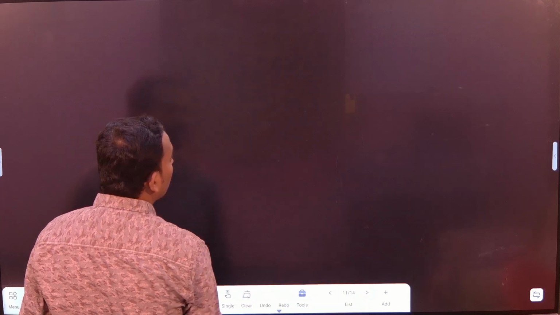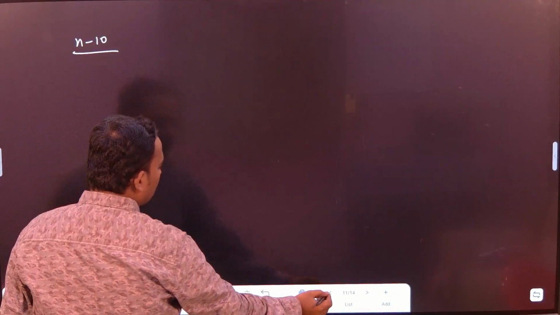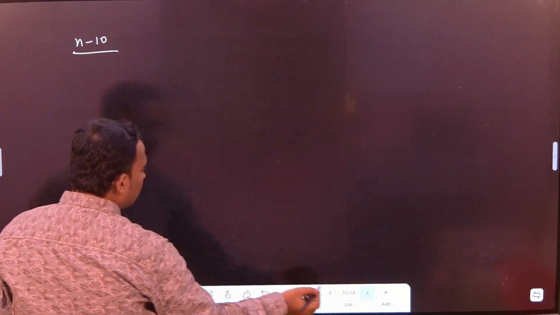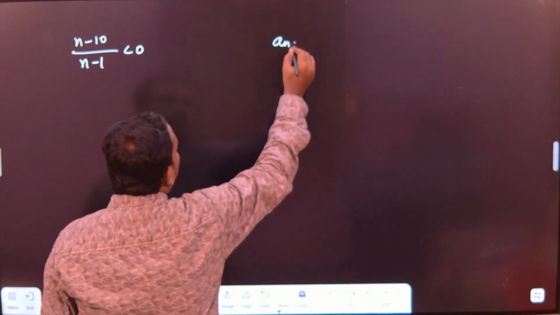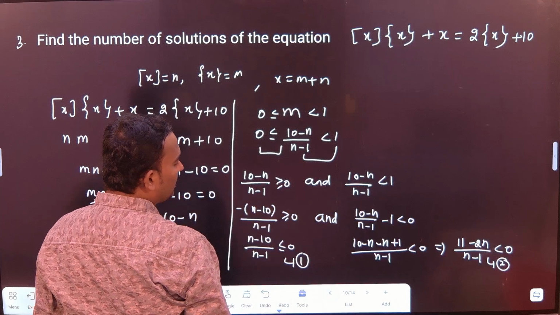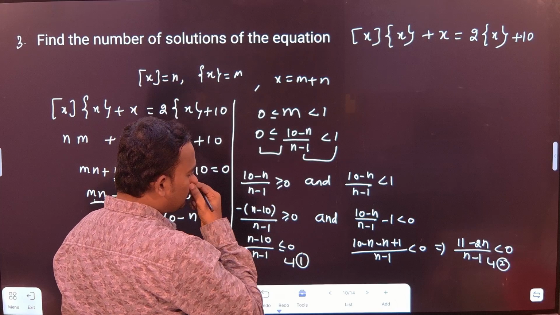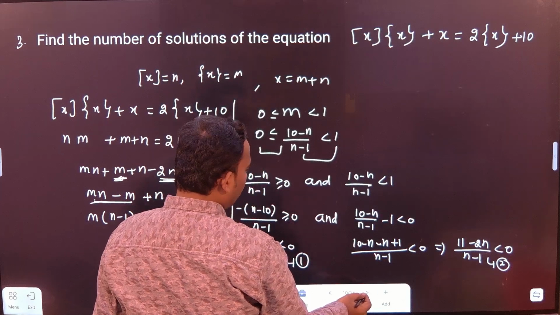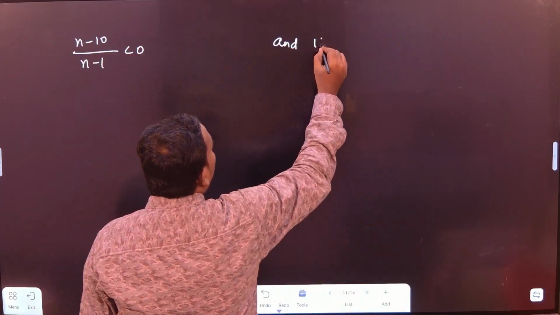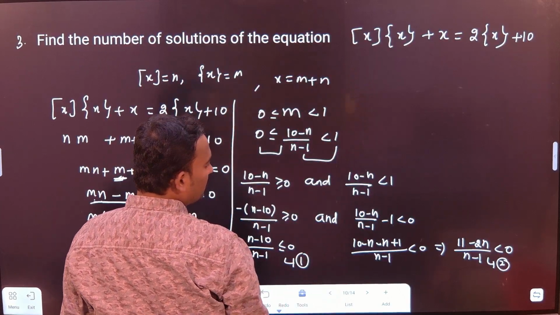Okay. So first one you can see n minus 10 divided by n minus 1 is less than or equal to 0. And second one you can see, student, what is that? 11 minus 2n divided by n minus 1 is less than 0.